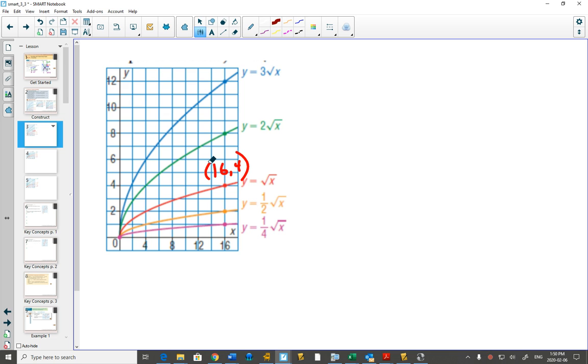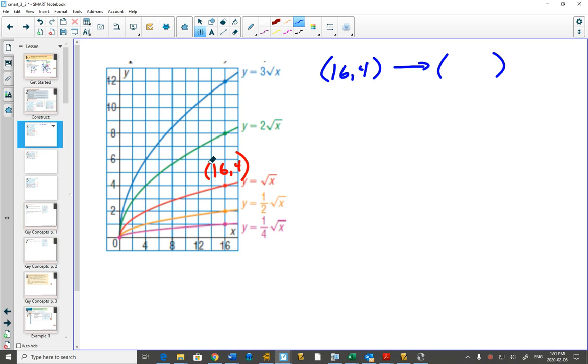And one of the things that we're going to start doing in this unit is showing some of our work of how points are changed. So if I had, on the blue graph, for example, if on my red graph I had 16 comma 4 to begin with, it's going to get changed to something new. And if I look at my blue graph, I've got a 3 out in front of my square root.